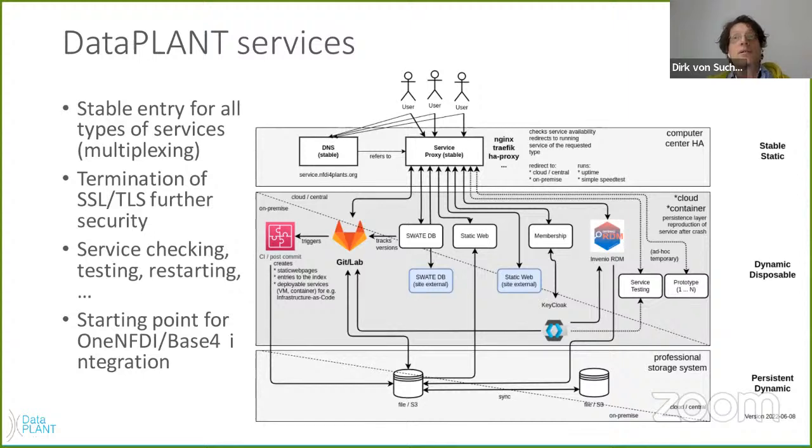This was a try to give a graphical overview on how the infrastructure is designed. I already talked about the stable and static entry point, static in the sense that the users have a defined URL where to go to, and then this proxy service will multiplex to the required service the user is actually looking for.